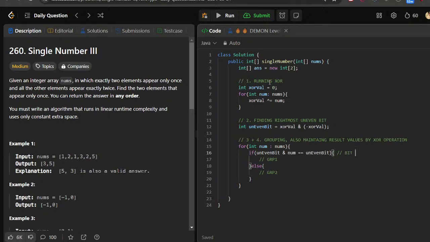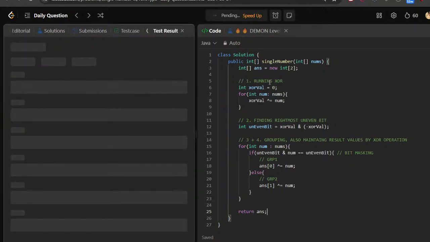This is called bit masking. Answer of 0 is running XOR of num. Answer of 1 is running XOR of num. Return answer.